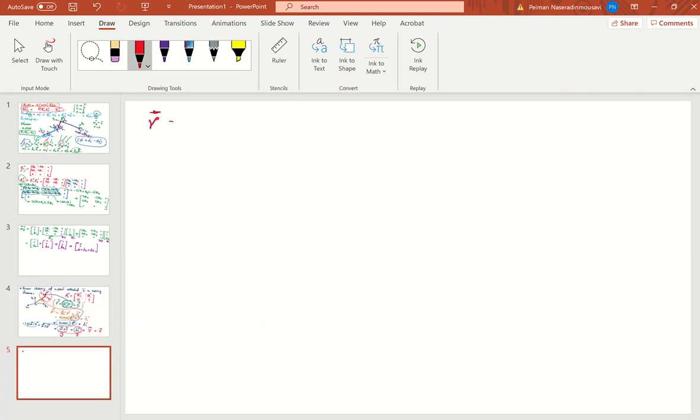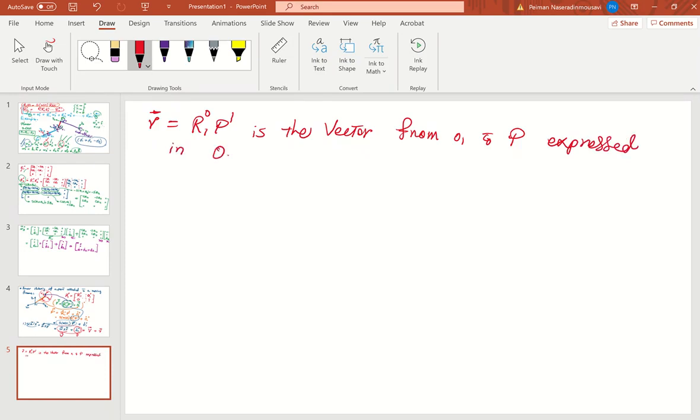R, which I said is R1 with respect to 0, P1 is the vector from O1 to point P expressed, as I said, in the O0, X0, Y0, Z0 frame, the base frame. That's right. So this R is a vector from O1 to P expressed in this frame.